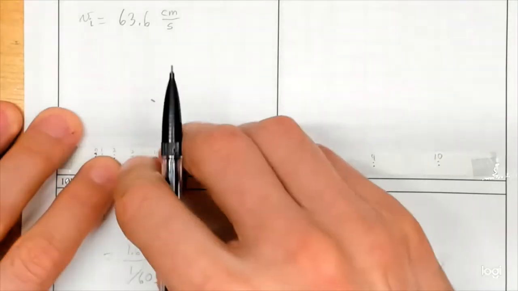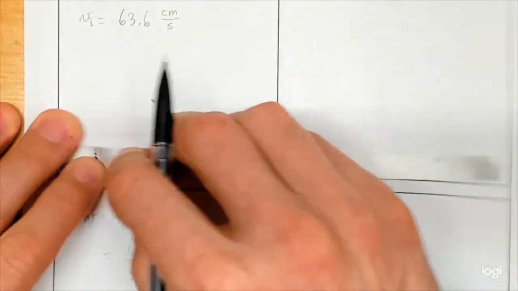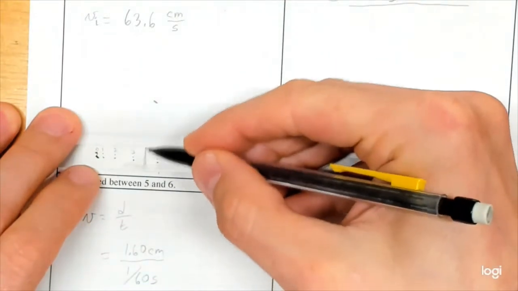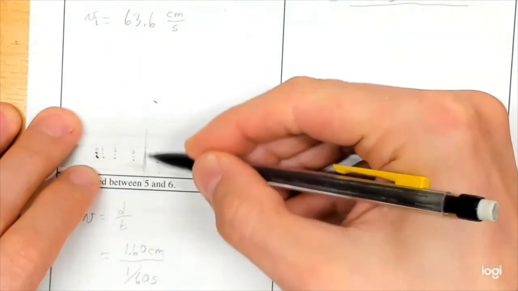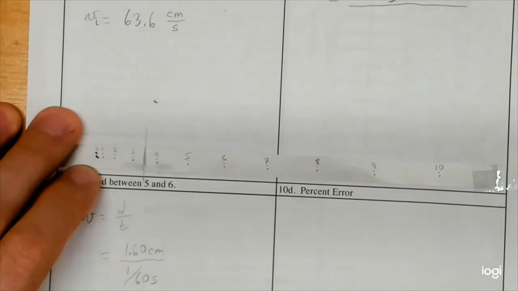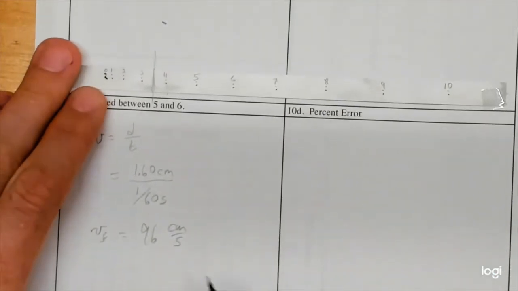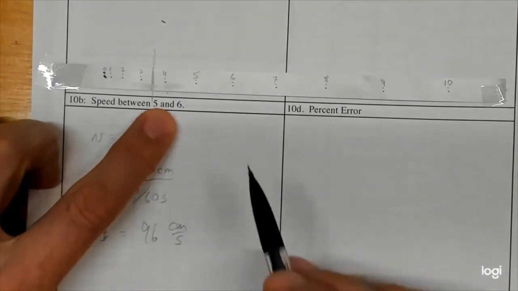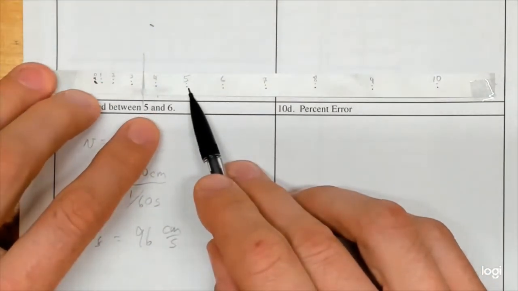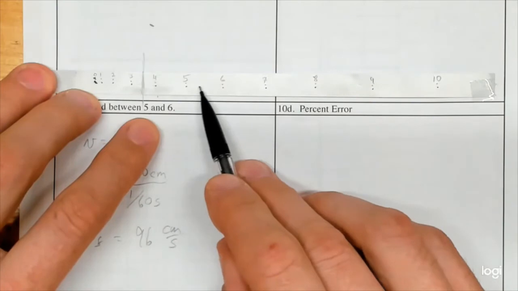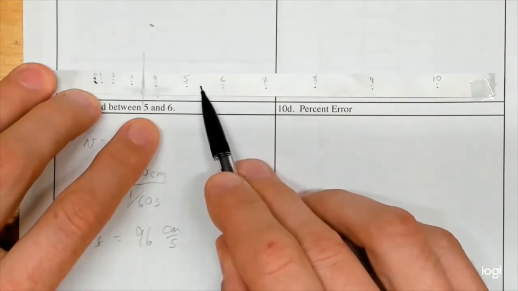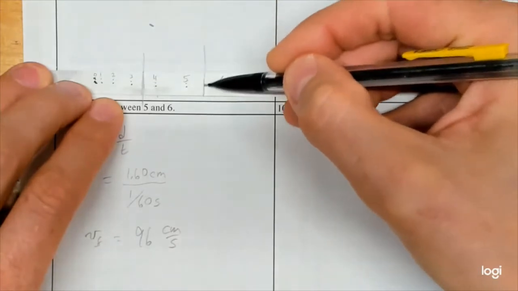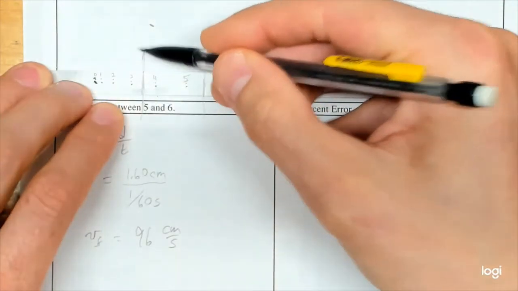And the average, of course, is right in the middle. So this velocity occurred right there, in the midpoint. And this speed right here, 96, is the average speed between dots 5 and 6. Did that occur at the beginning of the interval, at the end, or somewhere in the middle? And if you said somewhere in the middle, then you're correct again.